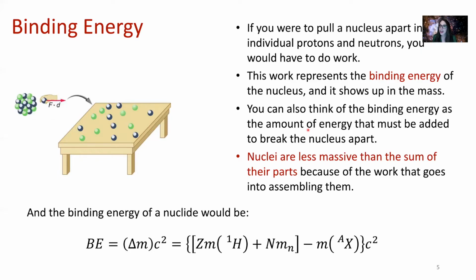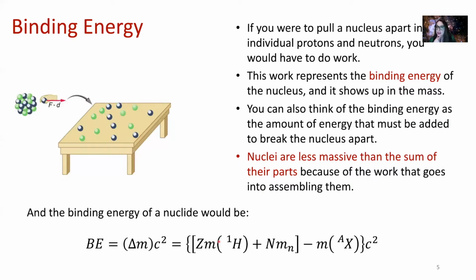Nuclei are less massive than the sum of their parts because of the work that goes into assembling them. So the mass of the nucleus of an atom is going to be smaller than if you added together the masses of all the individual neutrons and protons that make up the nucleus. That's because of the work that goes into assembling them, which is the binding energy.